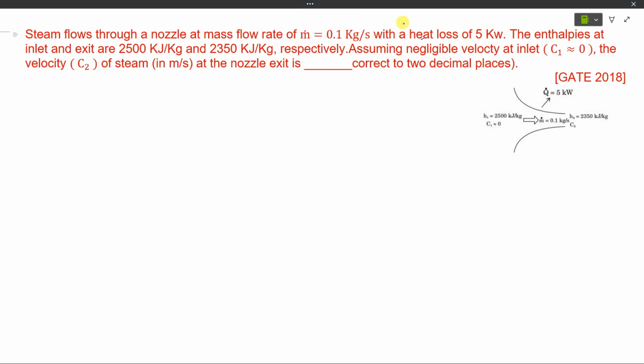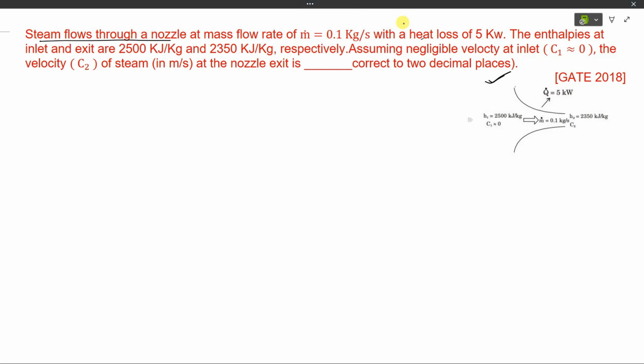So before we solve the given numerical, let's understand the question according to the data given. In this question, it is mentioned that steam flows through a nozzle. The diagram is shown here.